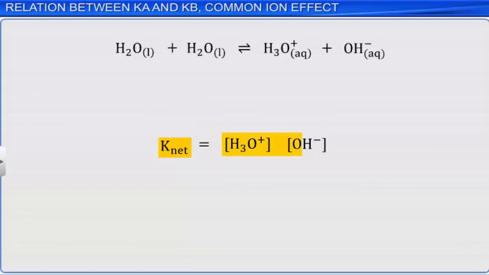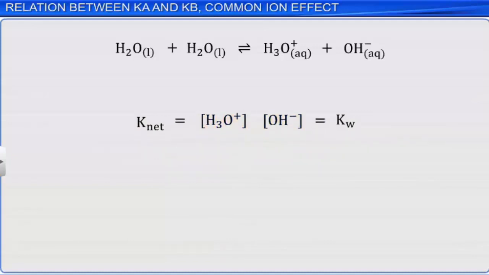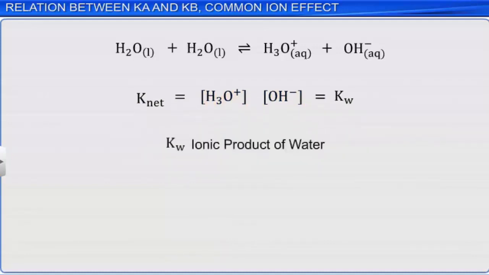Recall that the product of H3O plus and OH minus ions is equal to Kw, the ionic product of water. Thus, K net is equal to Kw, the ionic product of water.